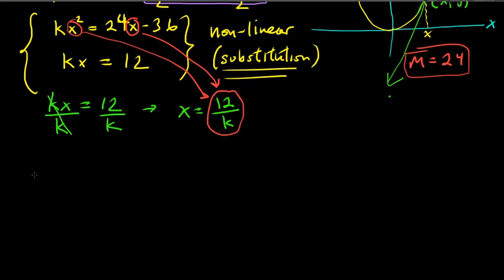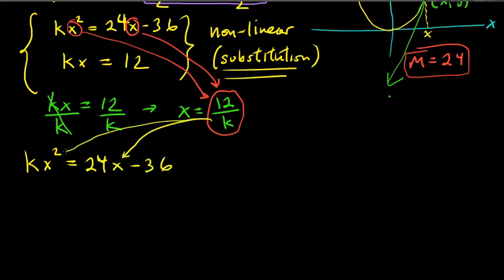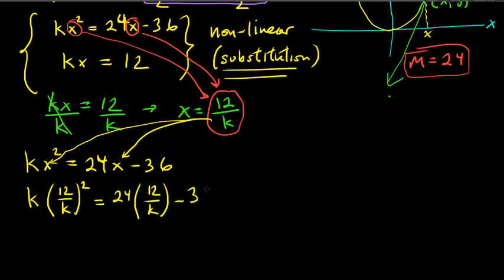So in this equation here, again, that's a 4. We're just going to plug in for x, 12 over k. So we get k times 12 over k squared is equal to 24 times 12 over k minus 36.